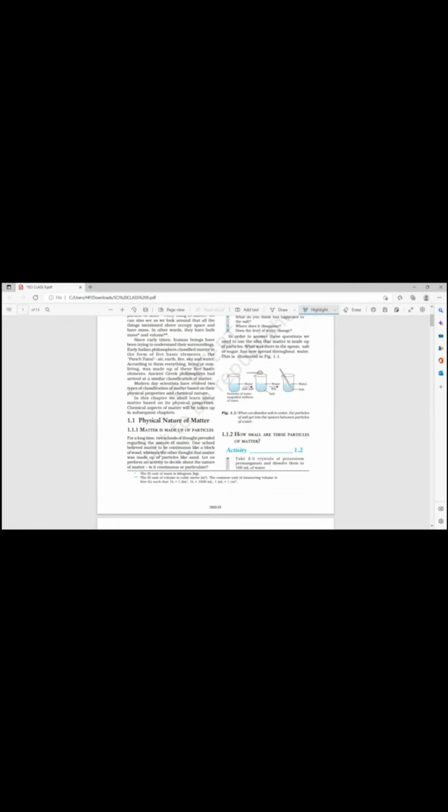The physical nature of matter is that it is made up of particles. Now I want to make clear to you all that this matter which I defined is made up of particles.